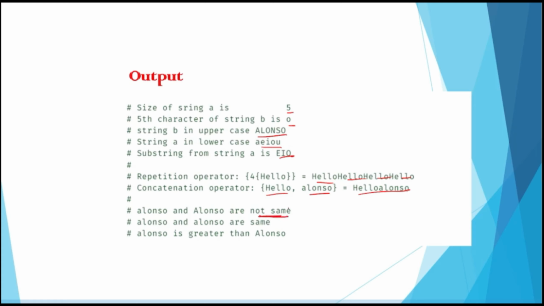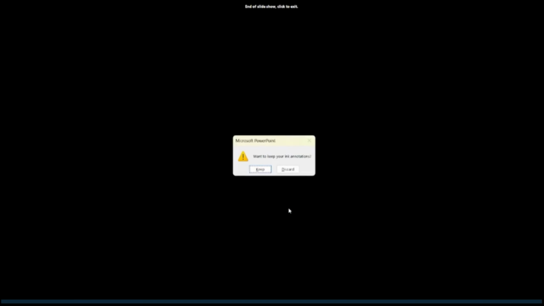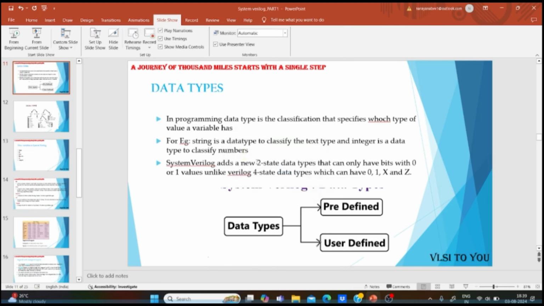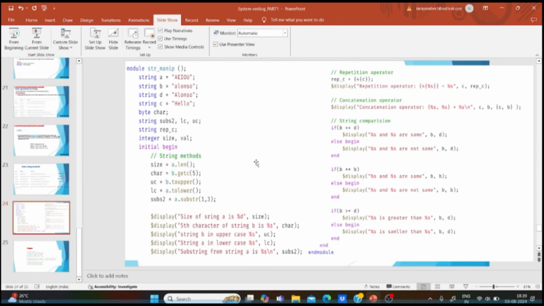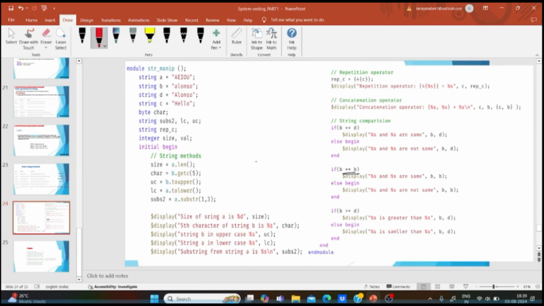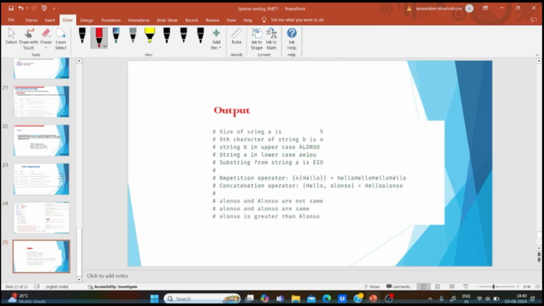See, not the same. And when you see the second one, B equal to B, what is B here? Again I am just equating both. Since B is equal to B, they are the same.